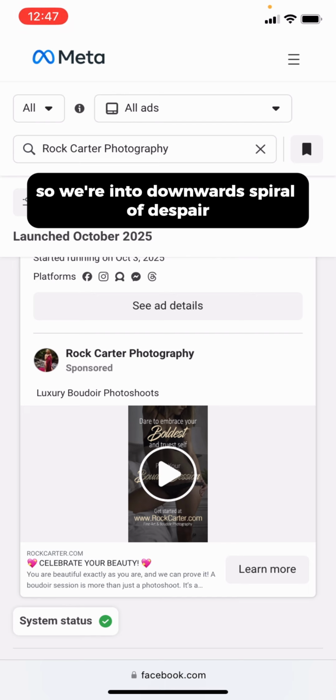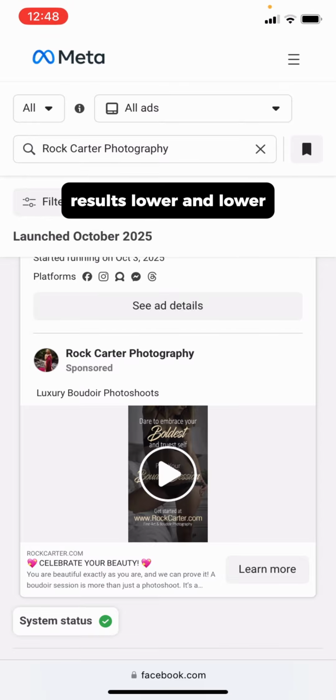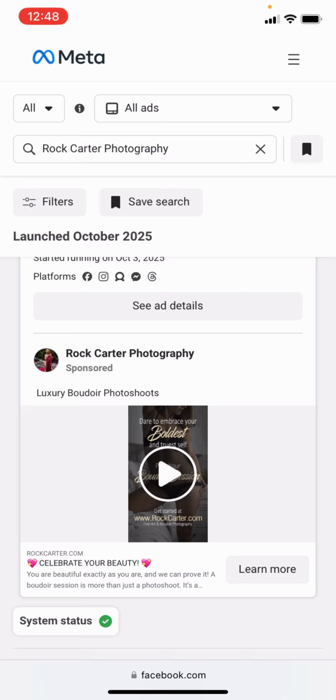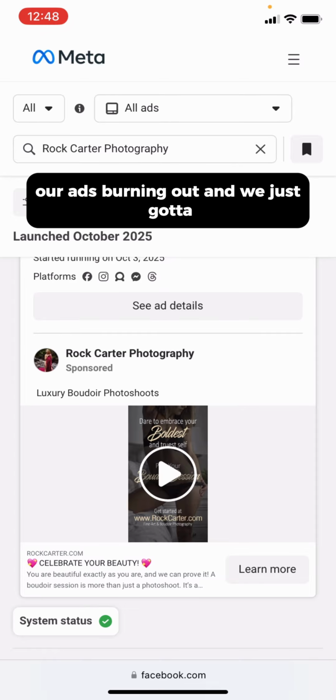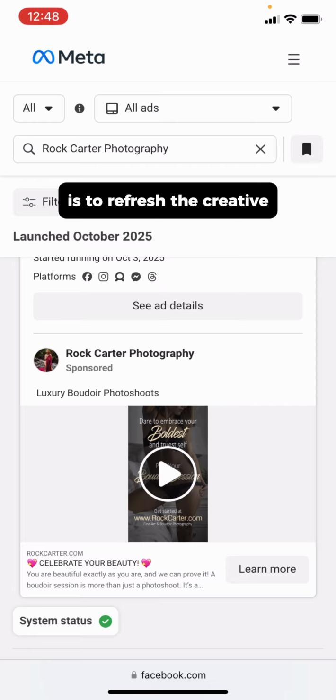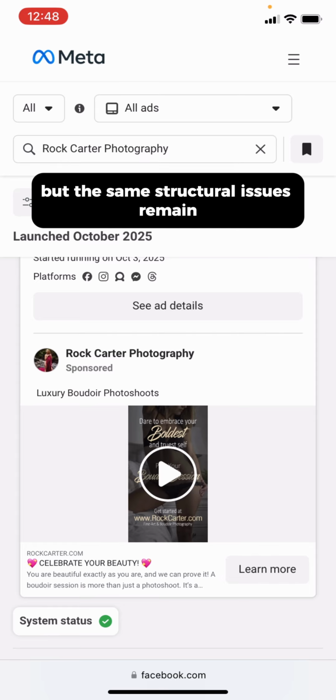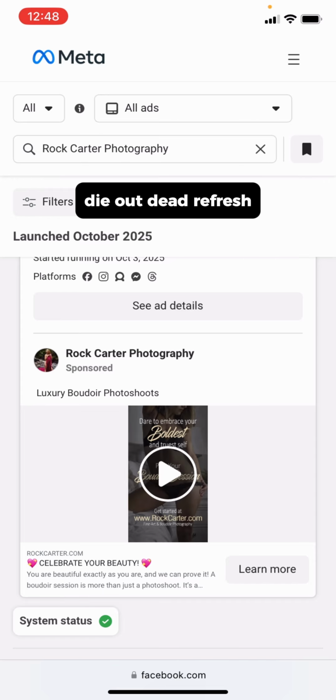So we're in the downward spiral of despair, ads doing worse and worse over time, results lower and lower, and our ads dying out, burning out, and the only thing we can think to do is to refresh the creative. But the same structural issues remain, and it'll just be a cycle of refresh, die out, dead. Refresh, die out, dead.